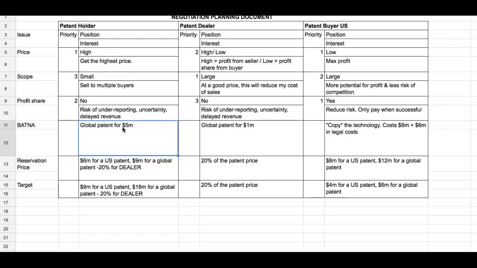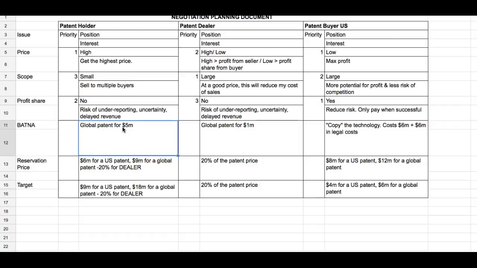No deal. You can keep your patent." Then maybe he will sell it as a global patent to another party, and then that other party will have to sue the patent buyer in the United States.